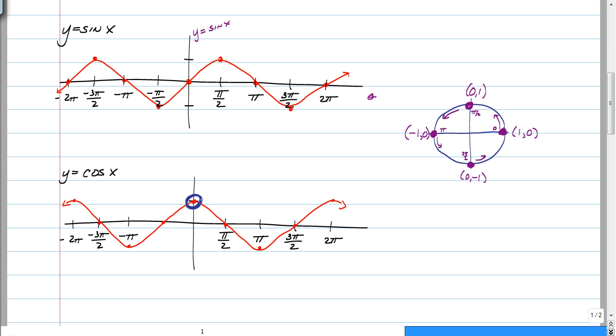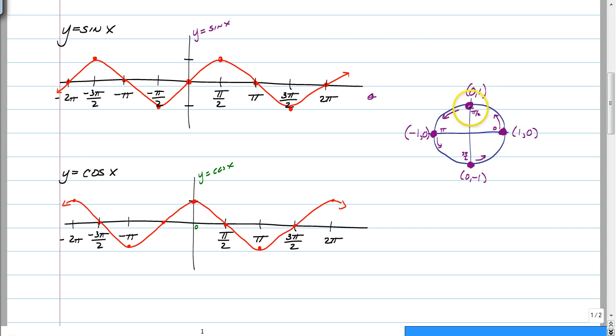Exact same thing with cosine, only difference is we are now looking at the x value. So y is actually equal to the cosine of x, which corresponds to the x value on the unit circle. So if we go back and look at 0 radians, our x value is 1. That's why it starts up here, because cosine of x is 1.